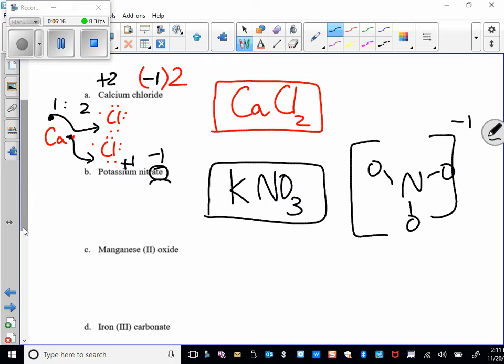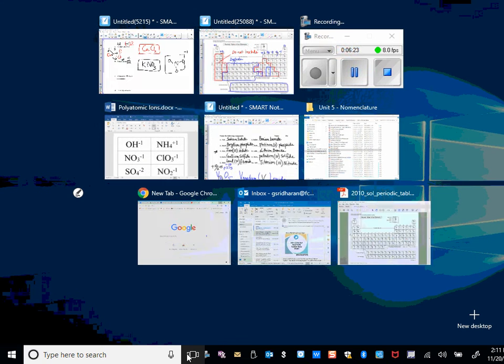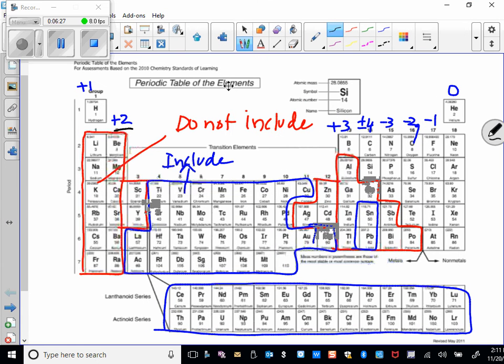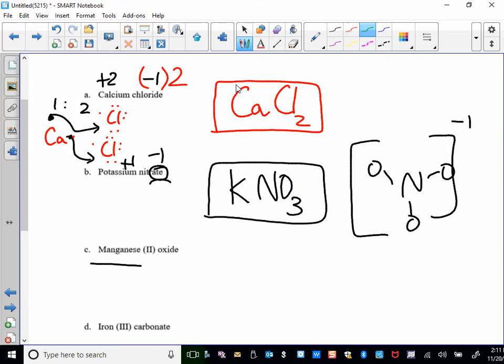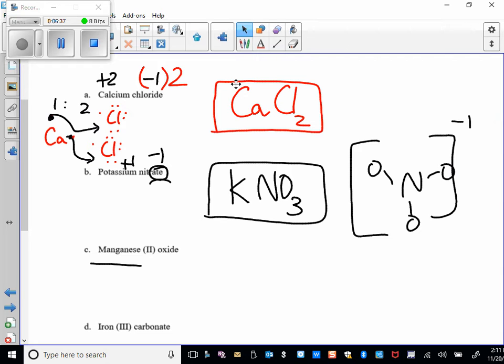Let's look at manganese. Where is manganese on the periodic table? Manganese is a transition metal, right? Right here is the location of manganese. There is no charge on top of manganese. How the heck am I going to write the formula if I don't know the charge of manganese? Who can figure it out by reading the name of the compound?